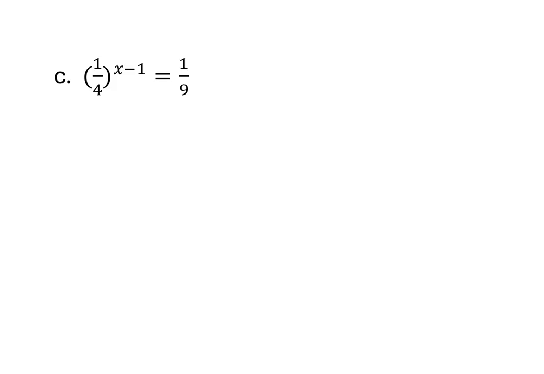So if we take a log of both sides, what we get is log of 1/4 raised to the x minus 1 equals log of 1/9. We can go ahead and move our x minus 1 to the front, and we do want to keep it inside parentheses.